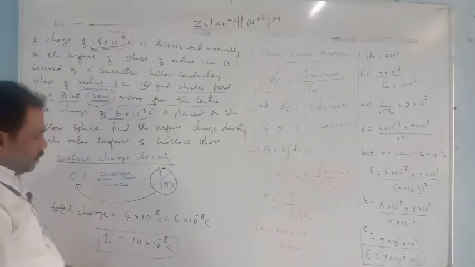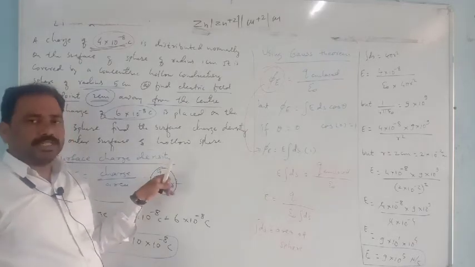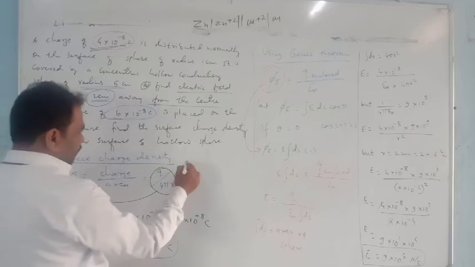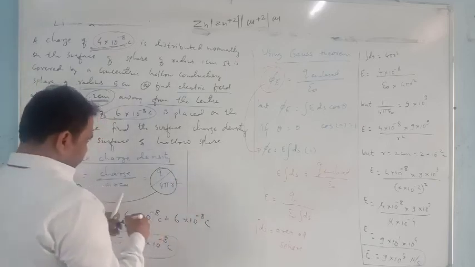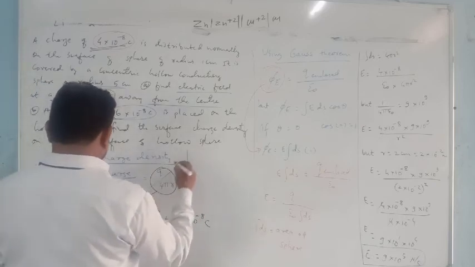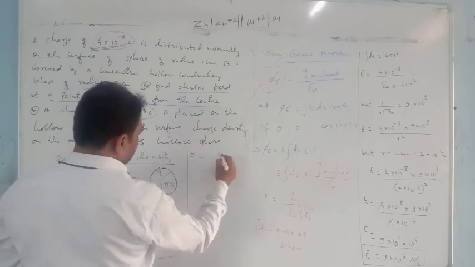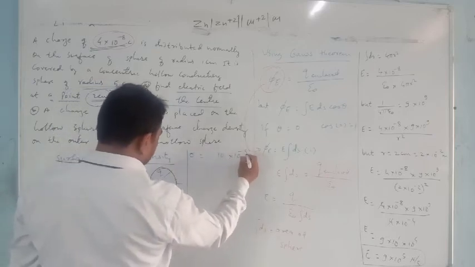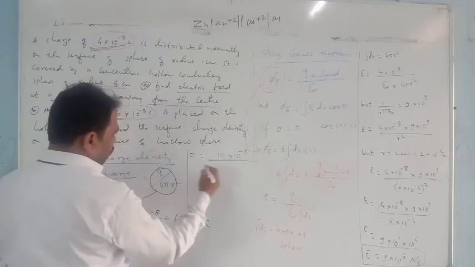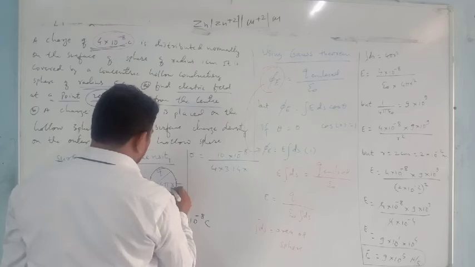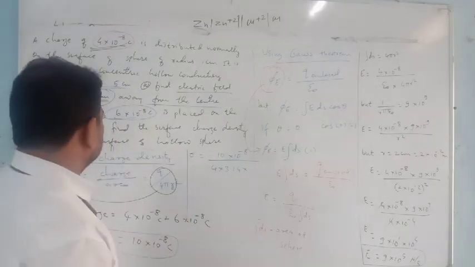Okay, so we can put here the total charge instead of this Q in Q upon 4 pi r square, then we will get sigma is equal to 10 into 10 to the power minus 8 upon 4 pi, means 3.14, multiplied by r square, where r is the distance.